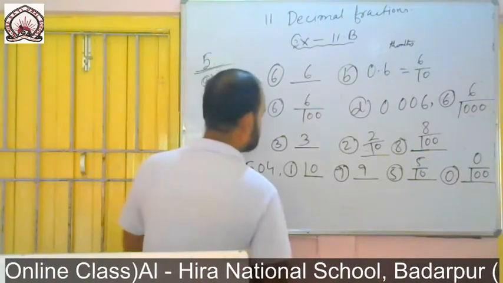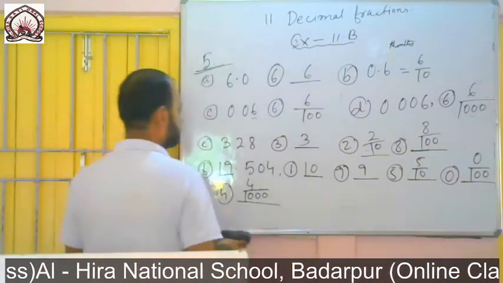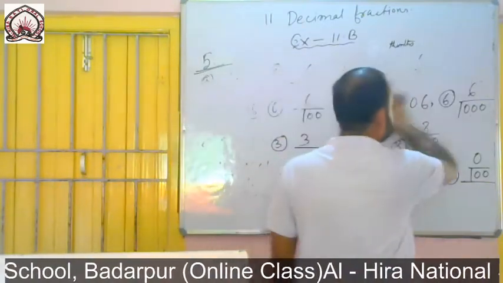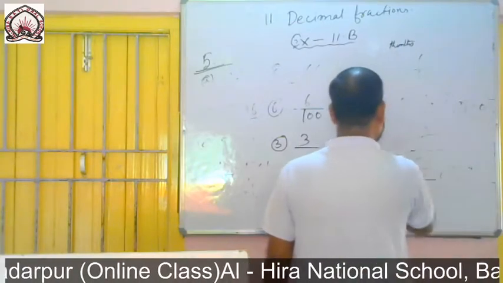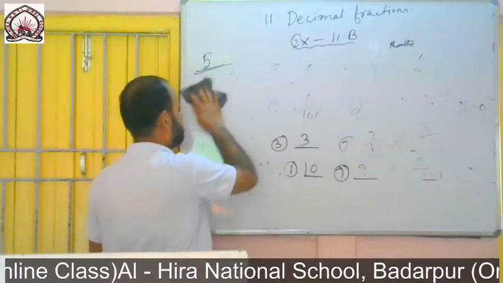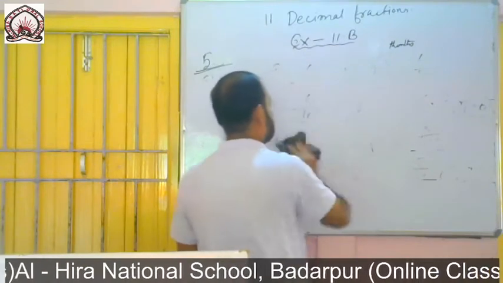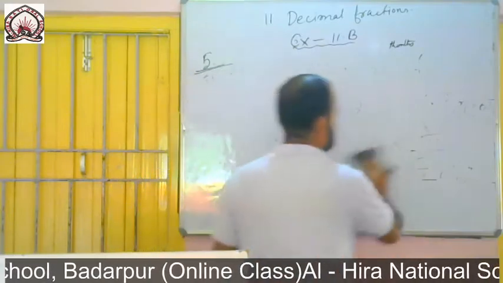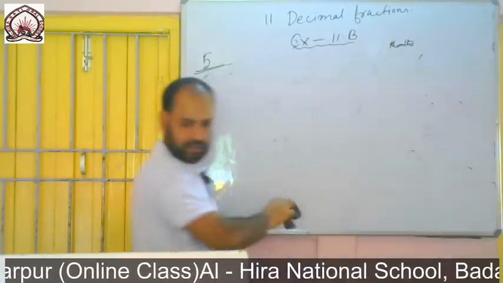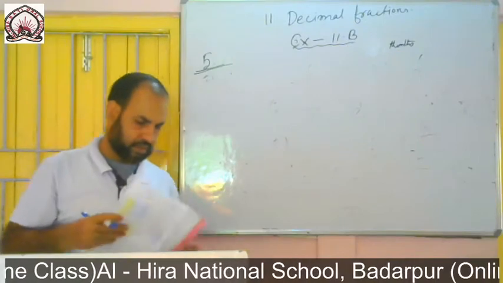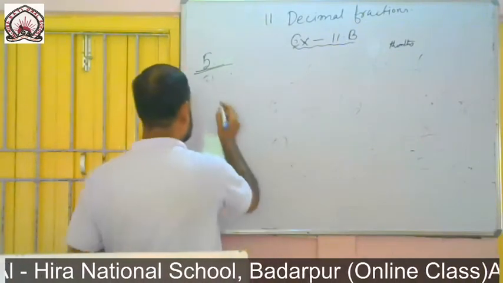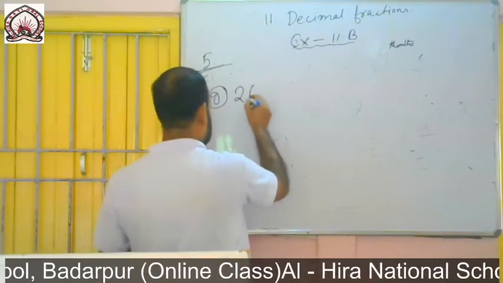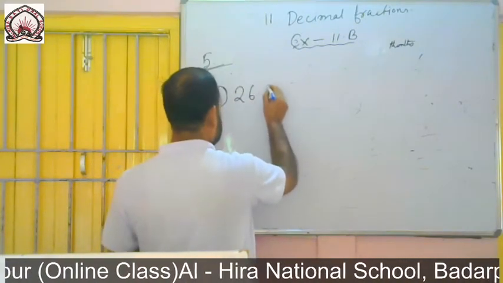Next, question number G. Question number 5G, 26.15.